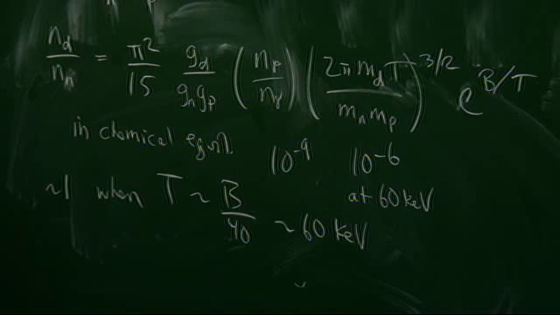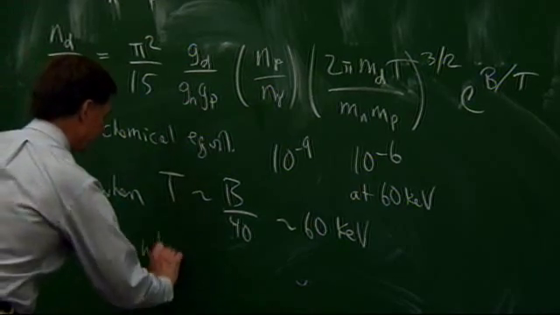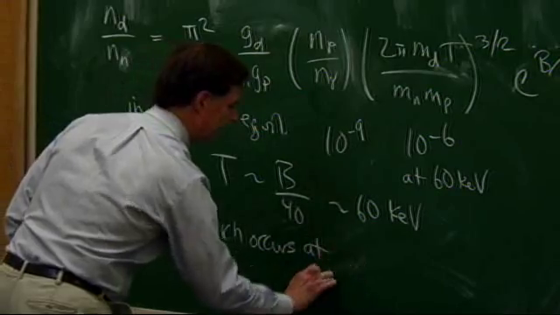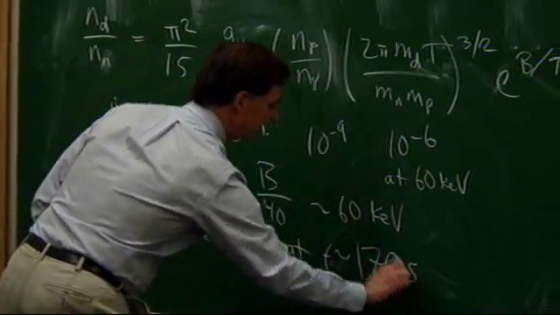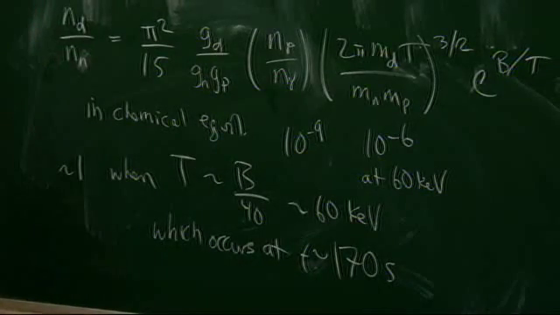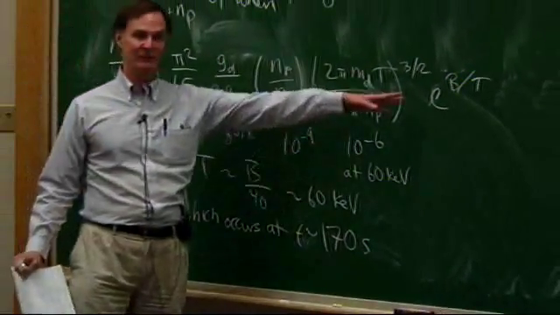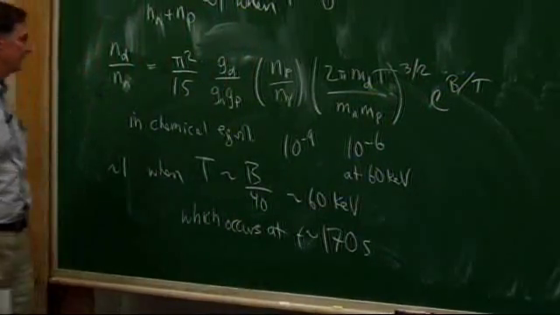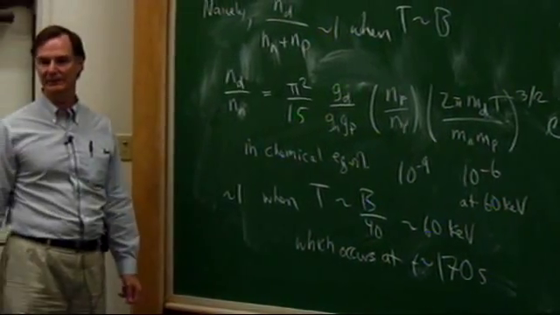And that occurs almost 3 minutes after the Big Bang in the standard cosmology. It's closer to 170 seconds than 180 seconds. And time counts in this business because the clock is ticking, the temperature decreases, and you've got this exponential that quickly kicks in and basically converts all the neutrons into deuterium very fast.